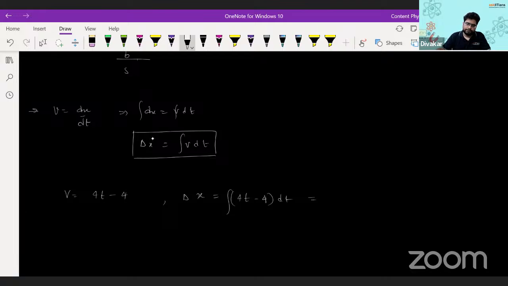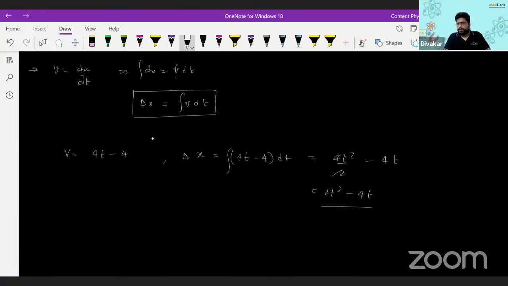So 4 taken out, integration of t is t square by 2, and then minus 4 taken out, integration of dt is t. So this becomes 2t square minus 4t, which was expected as well. Now, a few of you may ask why we are not writing plus c. Because it's a definite integration, you are finding the change in position, so that constant gets cancelled out. You don't need to write it actually. I hope this is clear up to this point.